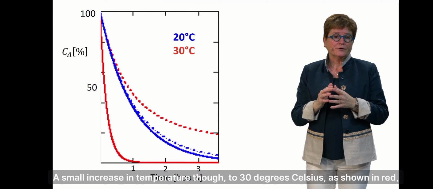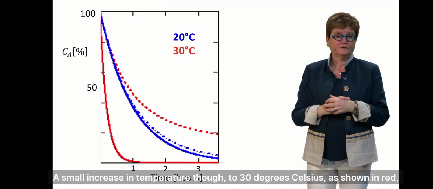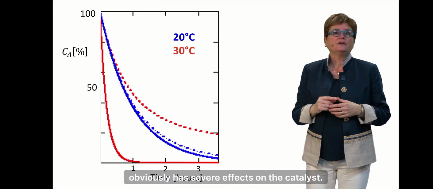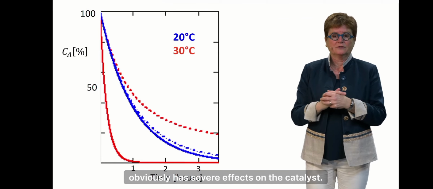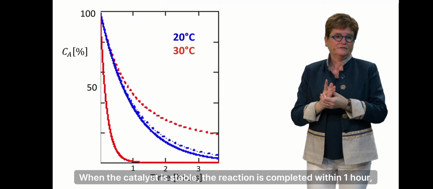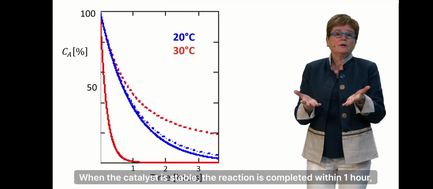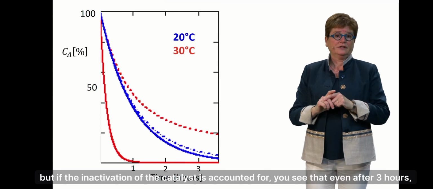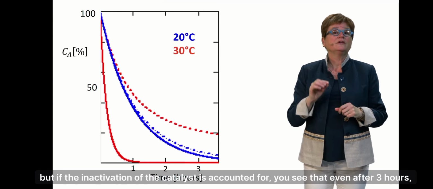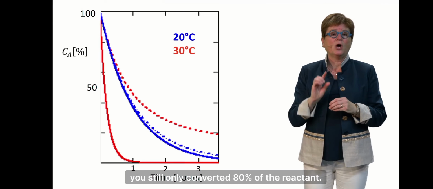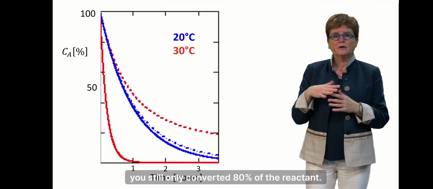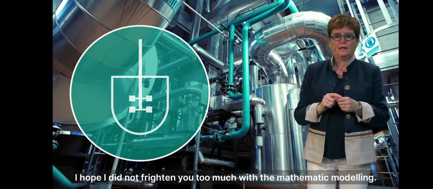A small increase in temperature, though, to 30 degrees Celsius, as shown in red, obviously has severe effects on the catalyst. When the catalyst is stable, the reaction is completed within an hour, but if the inactivation of the catalyst is accounted for, you see that even after 3 hours, you still only converted 80% of the reactant.